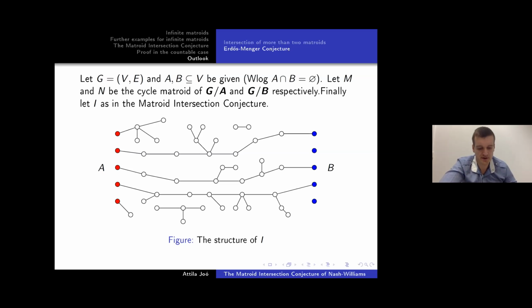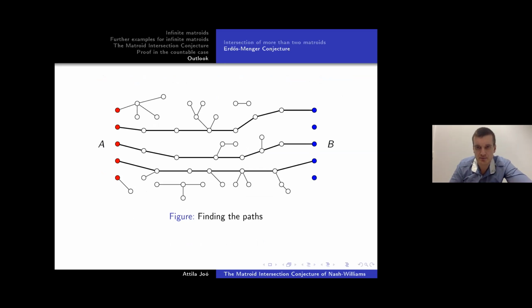It means that whenever we have a tree in the forest that meets both A and B, then there is a unique path in that tree which is an A-B path, so it joins A to B.